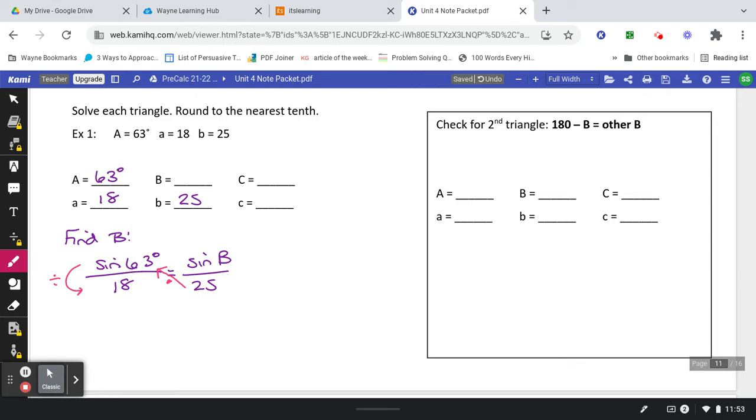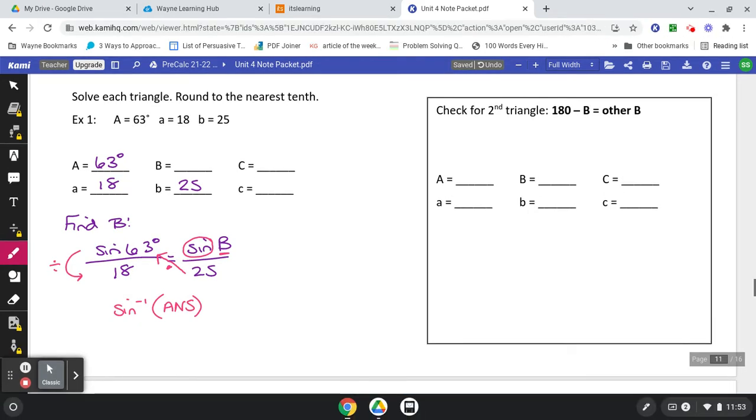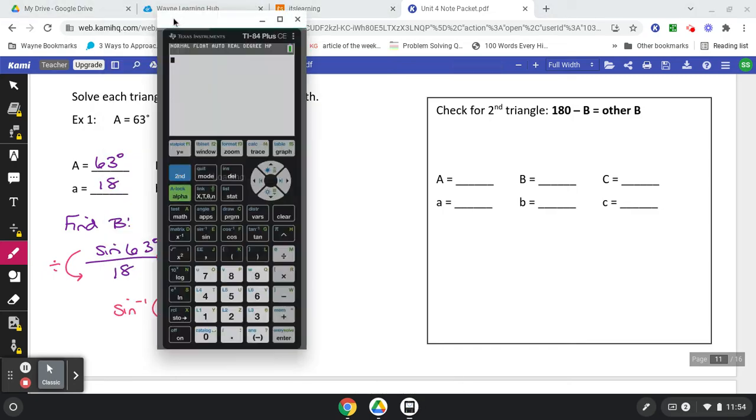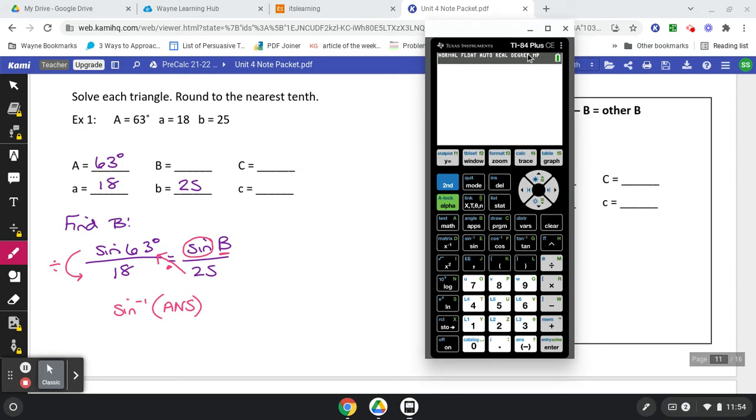At the end of that, you'll have this sine that you need to get rid of because you want the B by itself. So then you'll need to inverse sine of the answer. Now there's an answer button that'll copy paste the answer that we got into our calculator for us. So first thing, make sure your calculator is on degree mode.